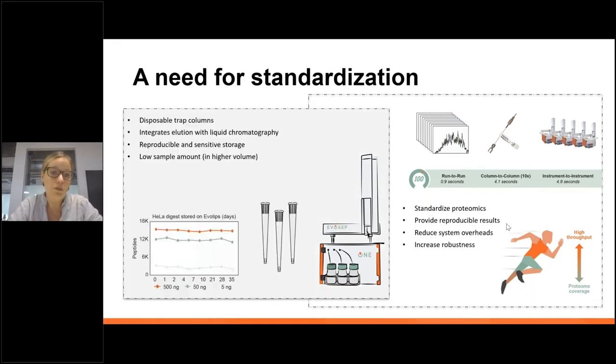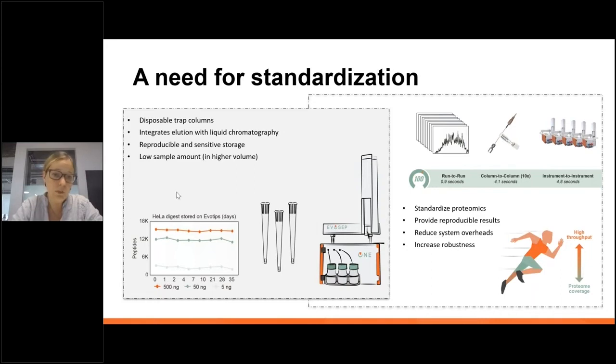So the cornerstone of our technology, that's really the Evotip, which serves as a disposable trap column. And with this, we have integrated the elution with the liquid chromatography. And one of the very nice features of the Evotip is that it also serves as a reproducible and sensitive storage for peptides.